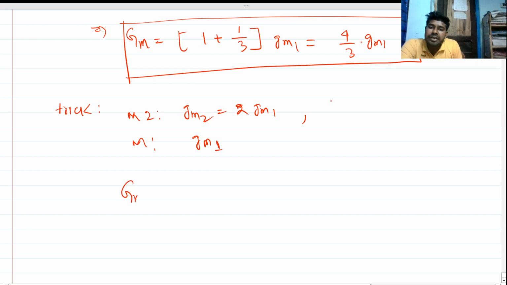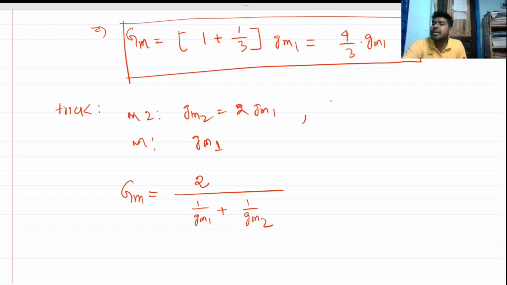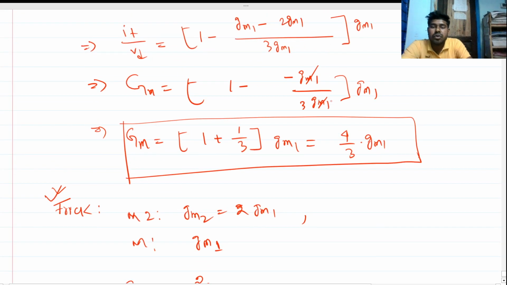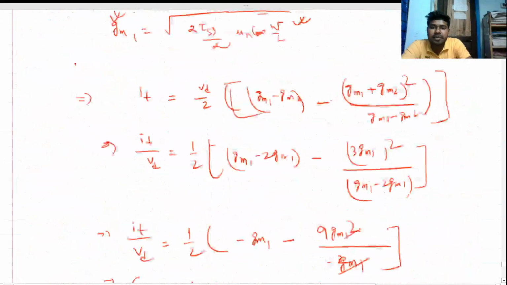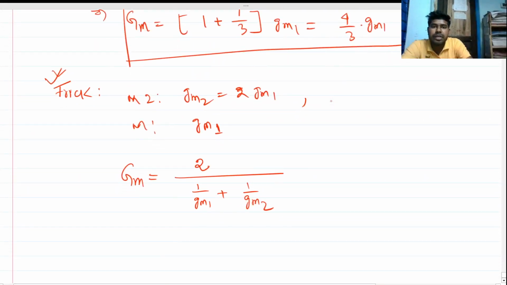So to find the overall transconductance of a differential pair, what do we do? We use a formula, which is nothing but 2 by (1 over Gm1 plus 1 over Gm2). This is very helpful. So this is a trick. You do not have to do all these mathematical equations. You can directly find the Gm of these two circuits and equate the overall Gm.